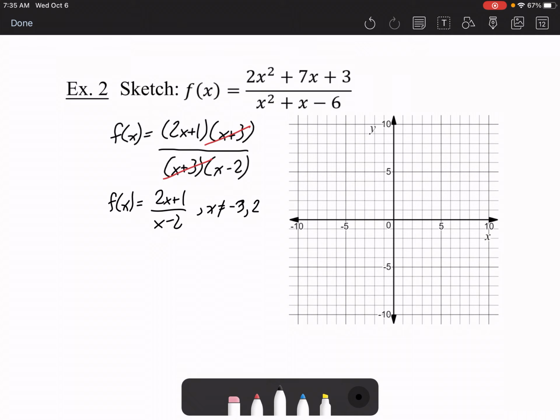Just like before, if your denominator ever equals 0, you'll get a vertical asymptote. Again, your horizontal asymptote is described by your end behavior. So as x gets larger towards infinity, choose big numbers, see that y gets closer and closer to 2 from above.